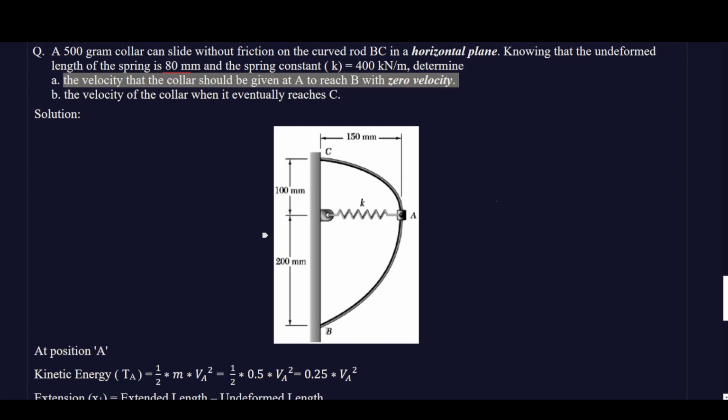That is, what velocity should we provide at position A so that when the collar reaches position B, the velocity becomes 0.